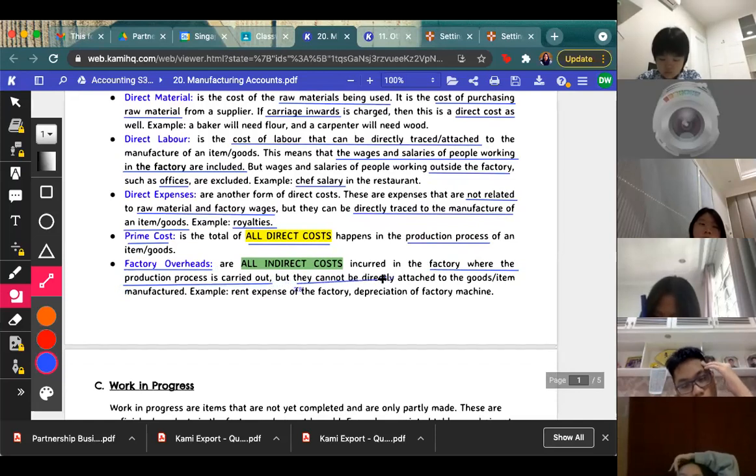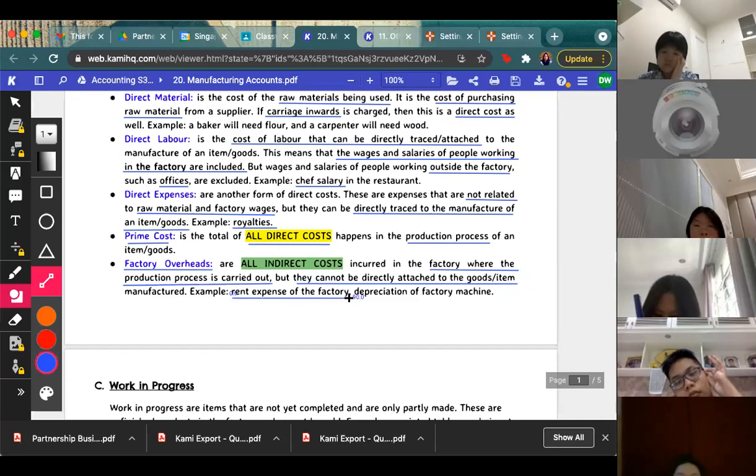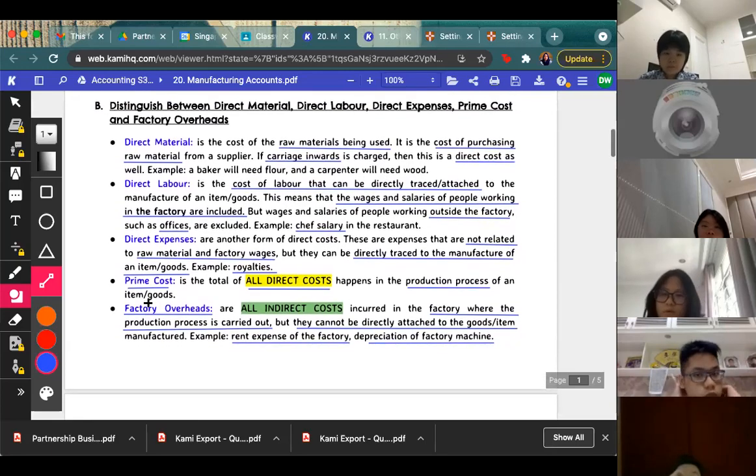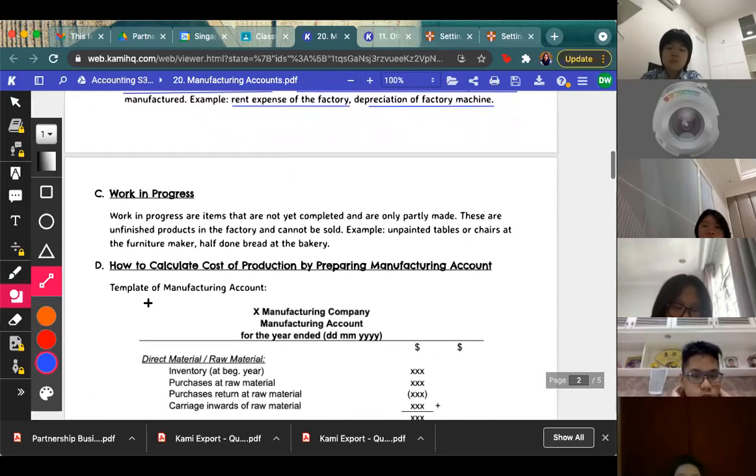But once again, they cannot be directly attached to the goods or items. For example, rent expense, depreciation of factory machinery. Okay, now you have learned all of these terms. Do you have any question? Still no? Okay, I assume clear.